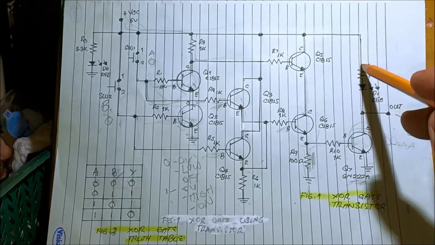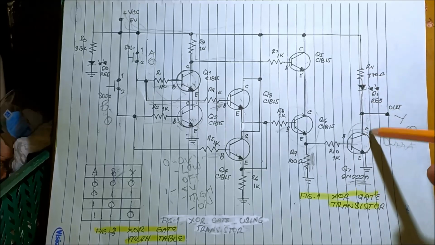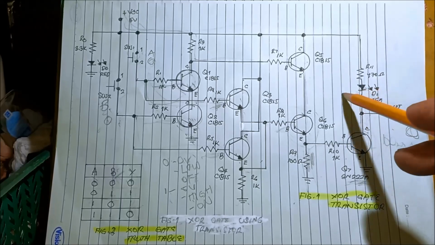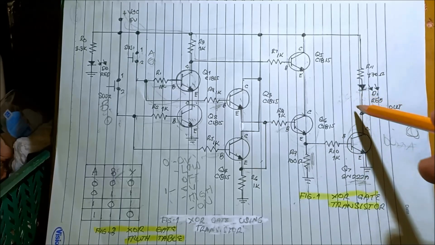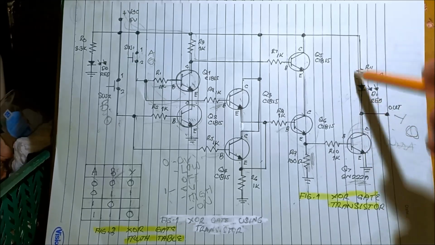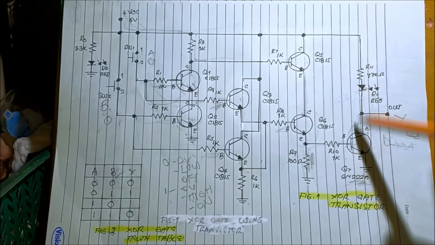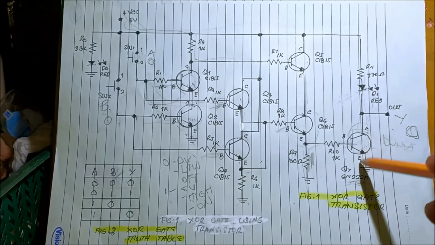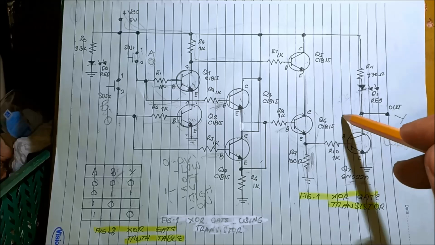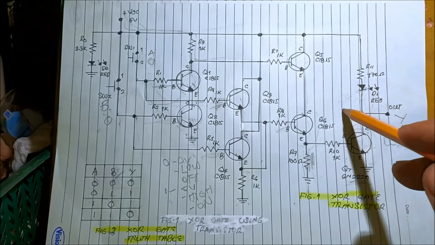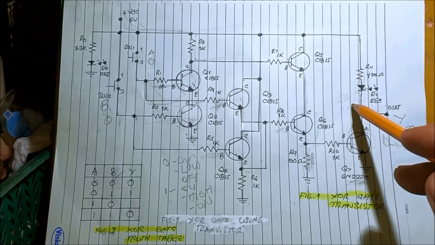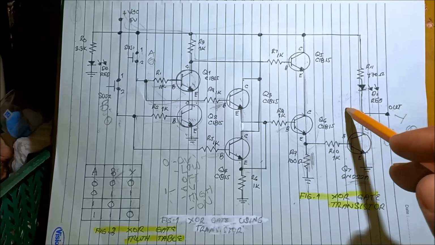What I mean by collector current is the current capable of flowing into the collector to the emitter of this transistor. An LED only consumes 20 milliamperes, so times 5, or if this is 500 milliamperes, that is the capability of the collector current of this transistor. We can connect up to 10 LEDs, at least 5.